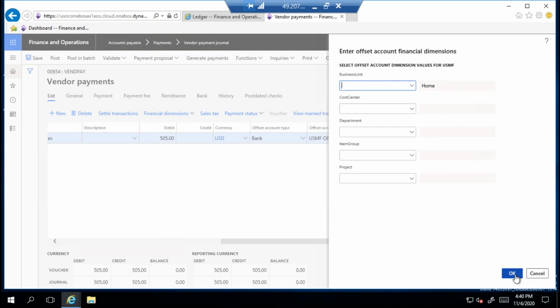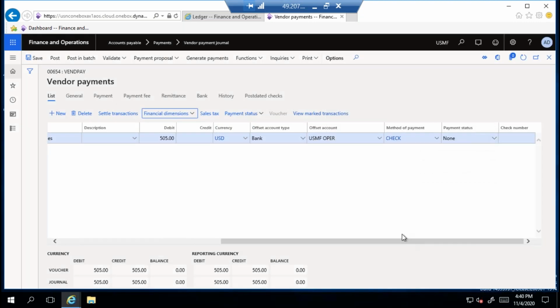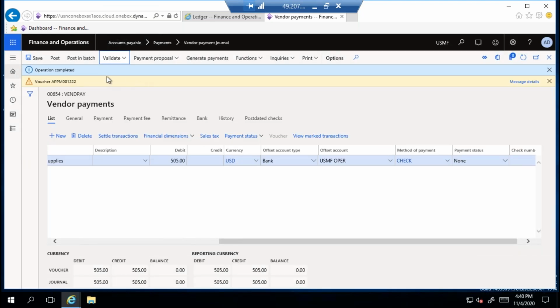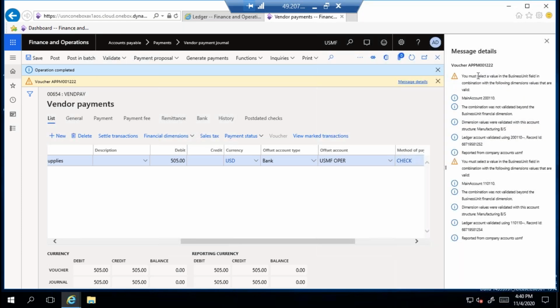Suppose I have not mapped any dimensions. Now, when I'm trying to validate, click on validate. What is the error message I'm getting? Look at this one. It is operation completed. Message details.